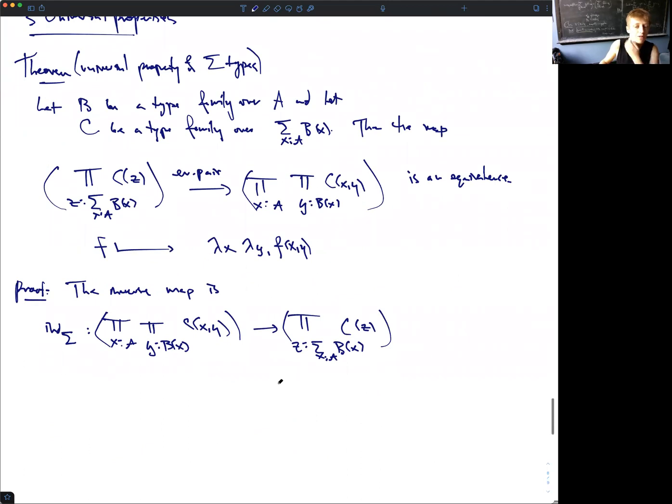And then we're also provided with a computation rule, which is used to exhibit this as a section of ev pair. So by the computation rules for sigma and pi types, we have a homotopy.